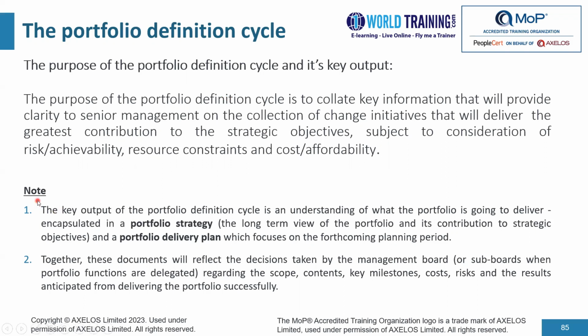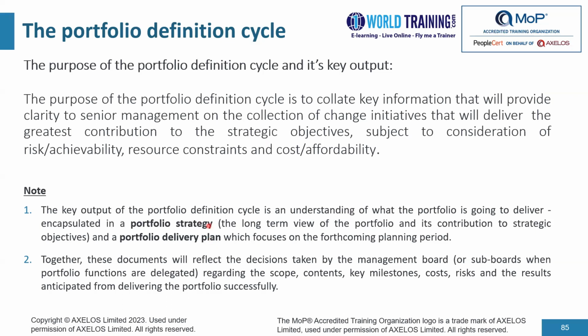We've got certain notes on this particular slide. The key output of the portfolio definition cycle is an understanding of what the portfolio is going to deliver, encapsulated in a portfolio strategy, which provides a long-term view of the portfolio and its contribution to strategic objectives, and a portfolio delivery plan, which focuses on the forthcoming planning period. So the two key outputs, one is the strategy document, and the other one is a delivery plan.